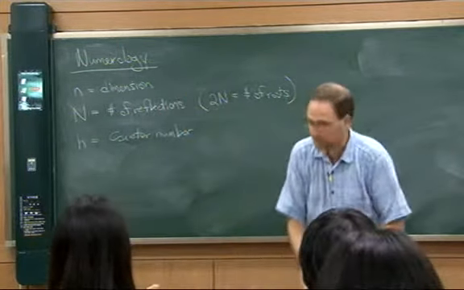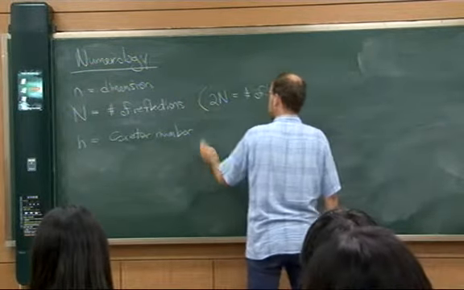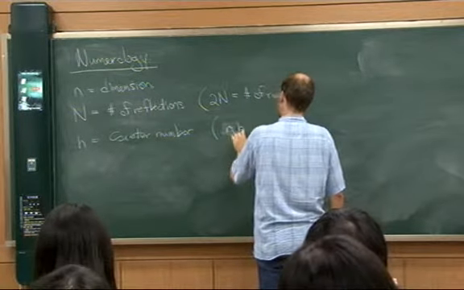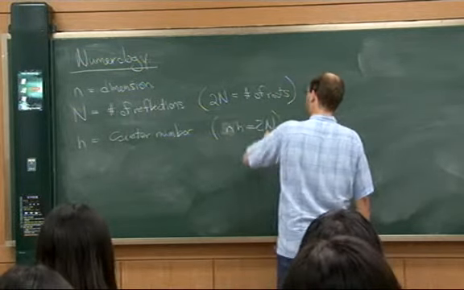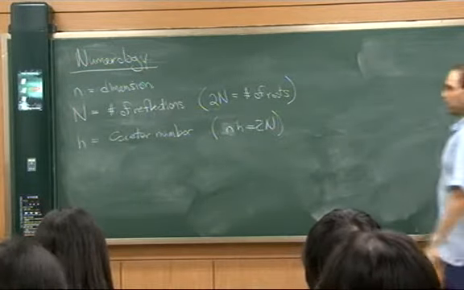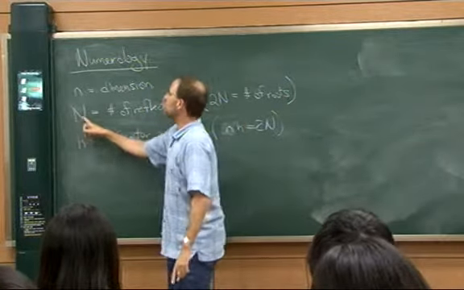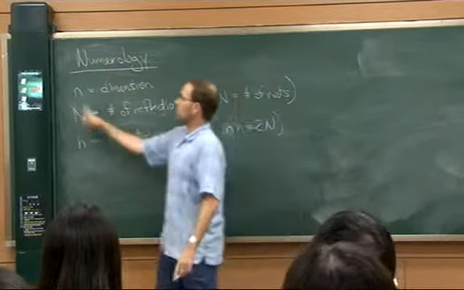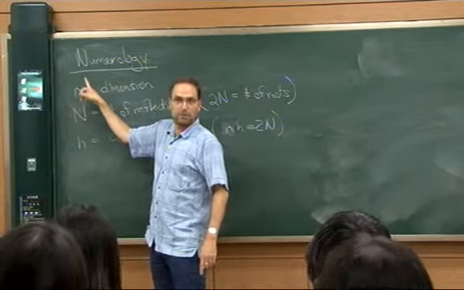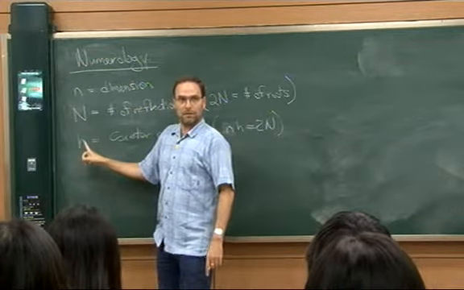And there are many definitions of the Coxeter number, but the one that I'm going to use here, because it's easiest to write down, is that little h times n equals 2N. Okay? It turns out that twice the number of reflections is always divisible by the dimension. It's not obvious why that should be true, but it's true, and this turns out to be an integer. Okay?